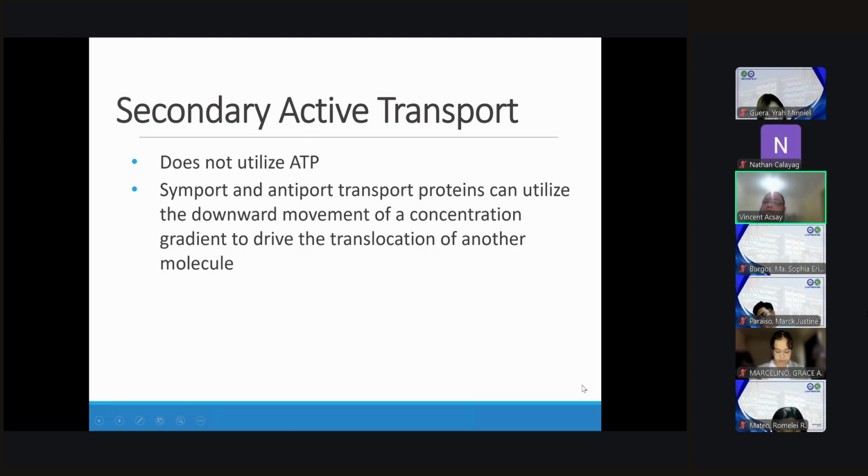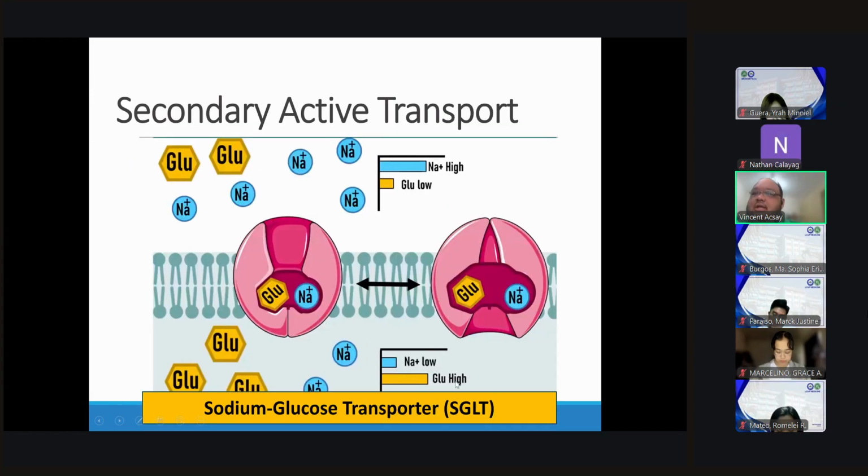And going back earlier, an example for secondary active transport: it is an active transport that does not use ATP. The energy is driven through the downward movement of a concentration gradient of one molecule that is used to drive the translocation of another. You've probably seen this also in your digestion and absorption of proteins.